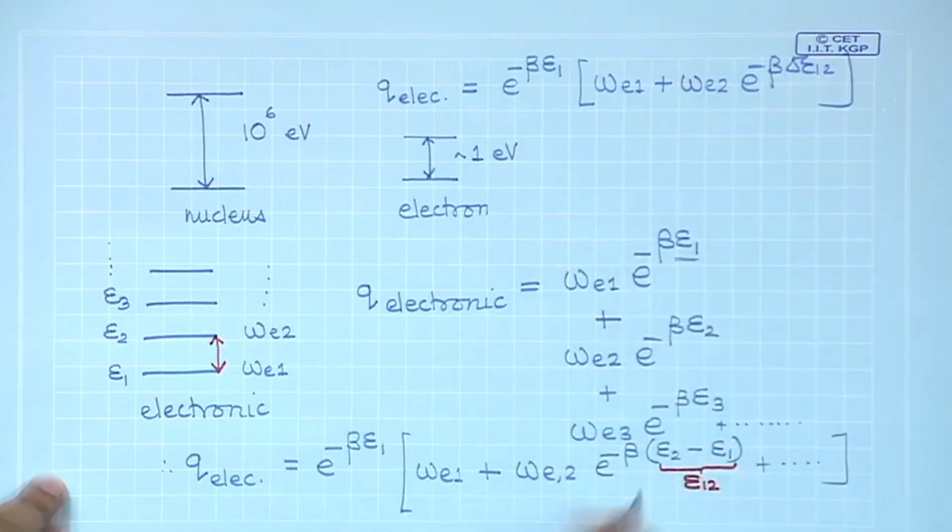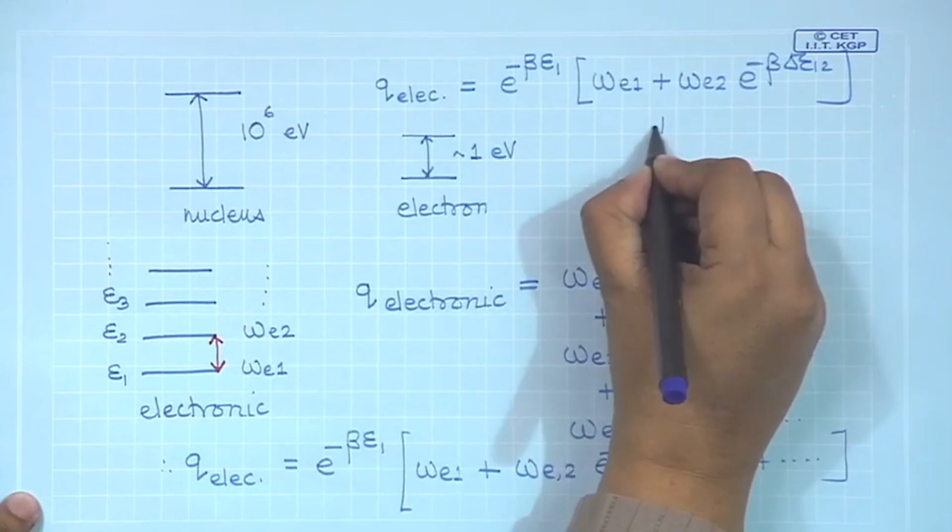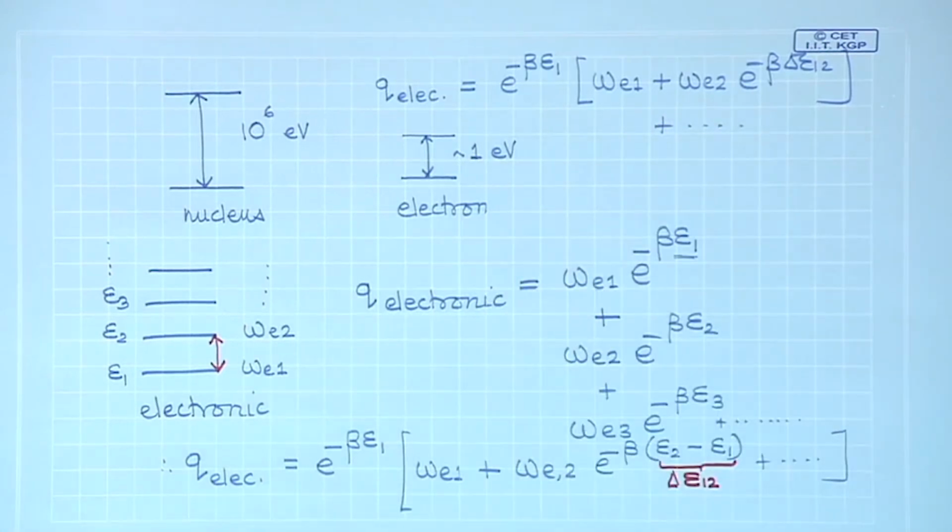I am using a delta sign here, indicating that this is the energy difference between the levels 1 and 2 in the electronic energy. And the higher order terms are neglected simply because these are unimportant when multiplied with beta.